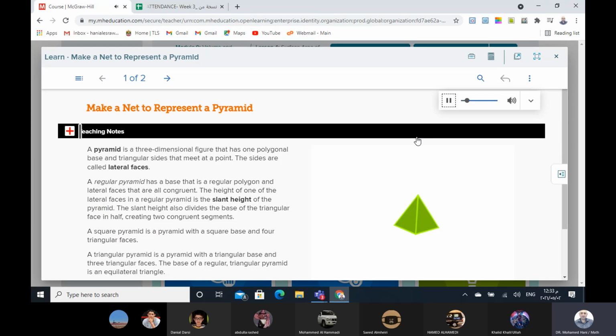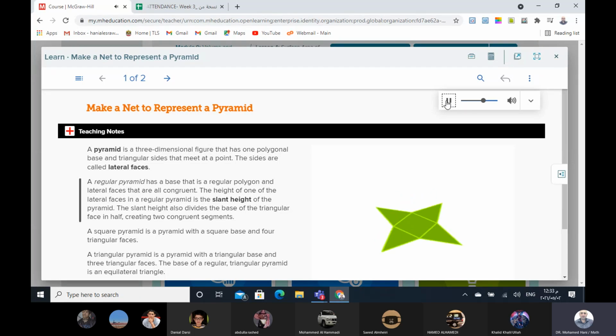Teaching notes. A pyramid is a three-dimensional figure that has one polygonal base and triangular sides that meet at a point. The sides are called lateral faces. A regular pyramid has a base that is a regular polygon and lateral faces that are all congruent. The height of one of the lateral faces in a regular pyramid is the slant height of the pyramid.